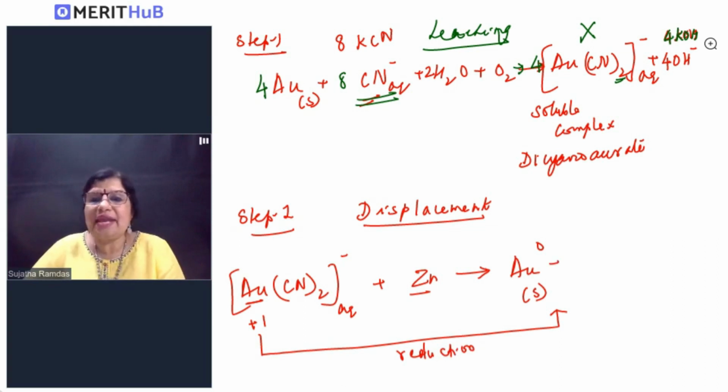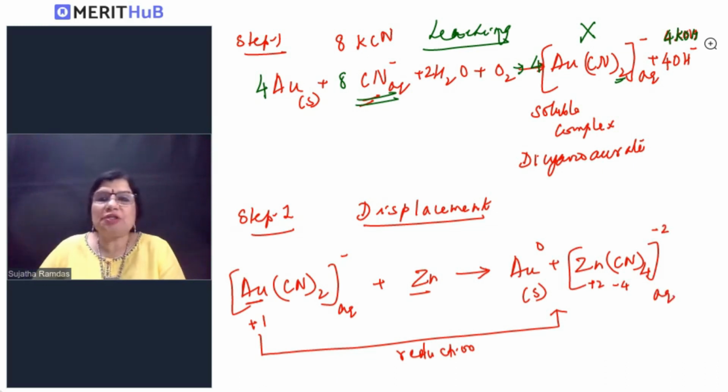And here you get zinc cyanide ion 4 times, and therefore this is plus 2. Plus 2 minus 4 will be equal to minus 2. Another soluble complex. So we have to balance this equation. 2 here and 2 here.